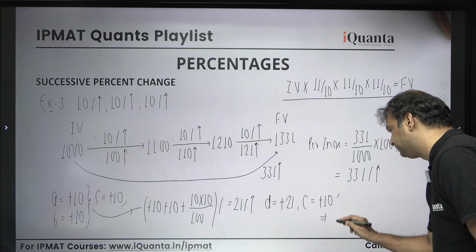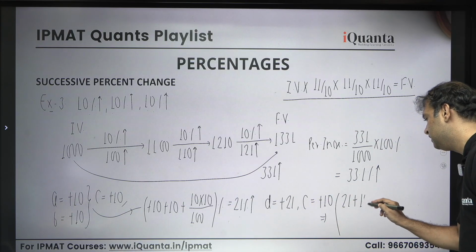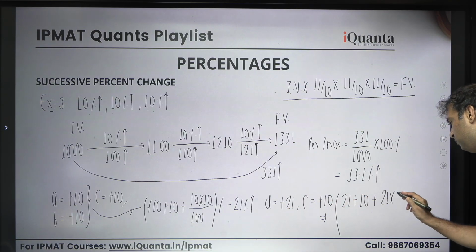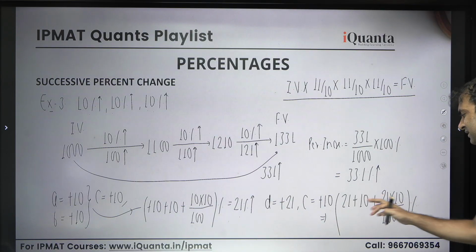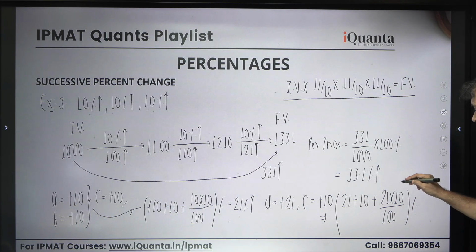A, let's say, is 21 this time, B is 10 this time, plus AB, A is again 21, B is 10, upon 100. Let's see what we get. So 21 plus 10 is 31, and 210 upon 100 is 2.1. So 31 plus 2.1 is 33.1, and you see that finally the sign is positive.